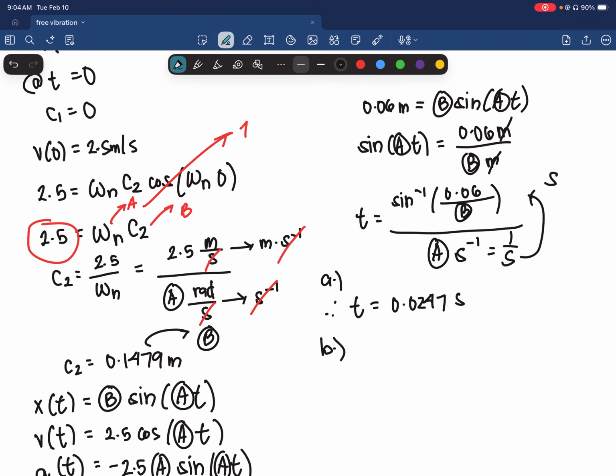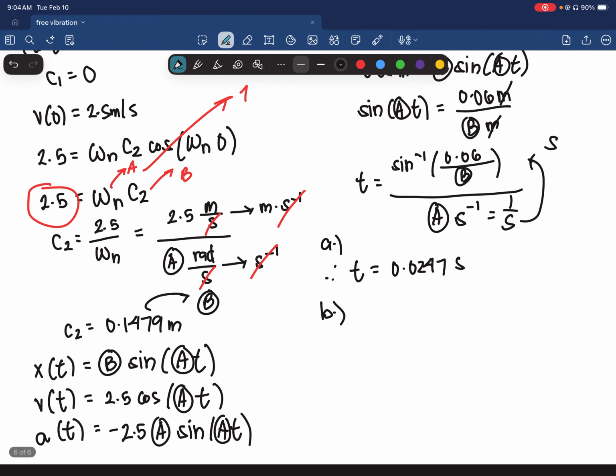Now for B, again, since we have the equations here, basically, yung ating max and minimum velocity ay ito. Tapos yung ating minimum and maximum acceleration ay ito. Okay? So, since itong ating trig functions, right? Yung ating trig functions, they're only at minimum and maximum whenever they are equal into 1 or -1.